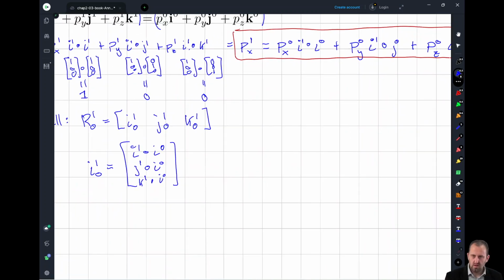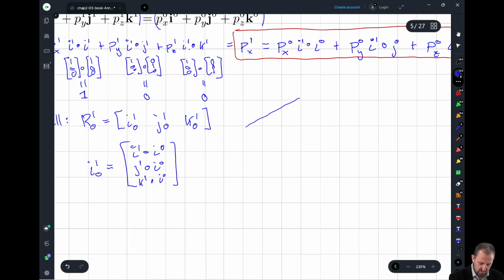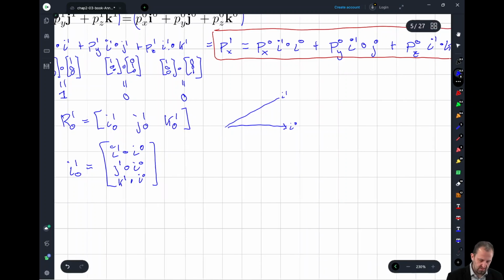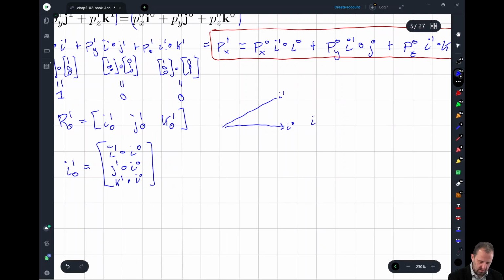So let's look at I0 and I1. What is I1 dot I0?